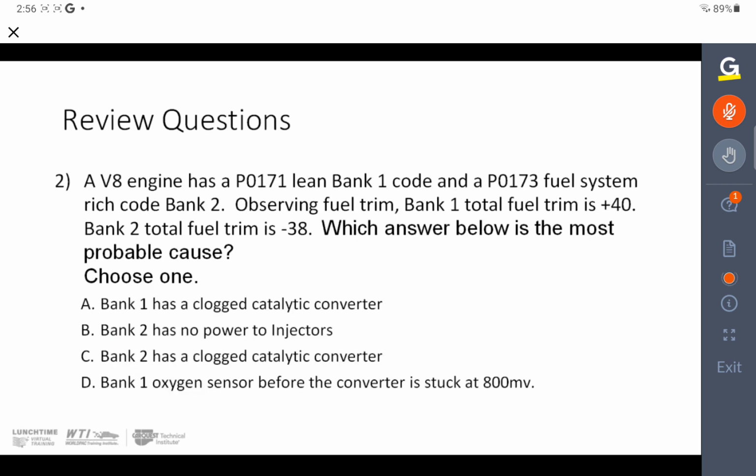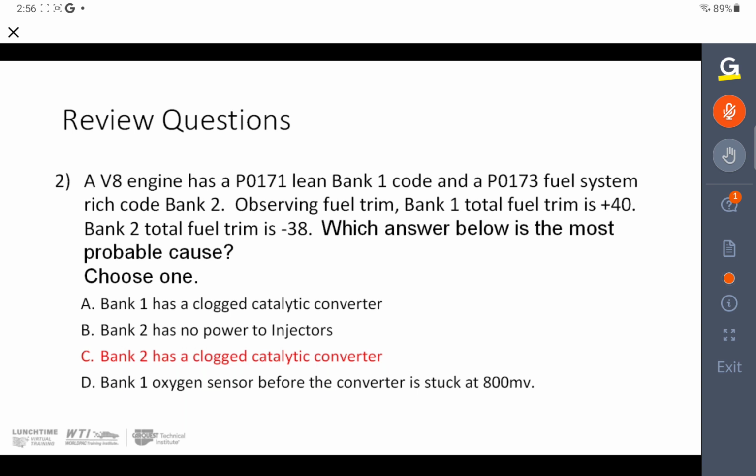On a V8 engine, there is a P0171 lean code on bank 1 and a P0173 rich code on bank 2. Observing the fuel trims, we see that bank 1 has a +40. We see that bank 2 has a -38. Which answer is the most probable cause? The best answer here is going to be bank 2 has a clogged catalytic converter.